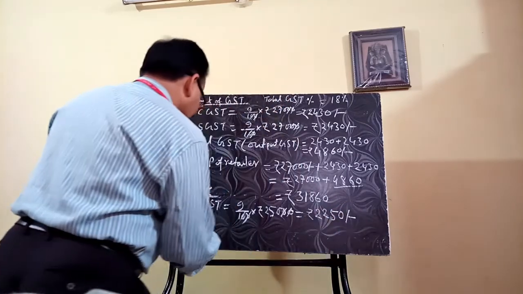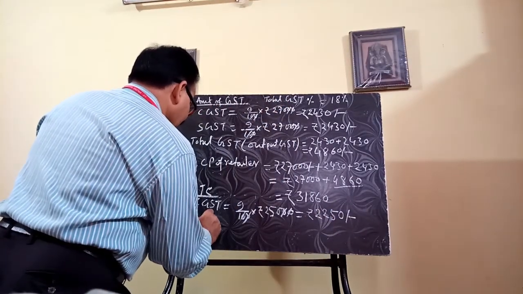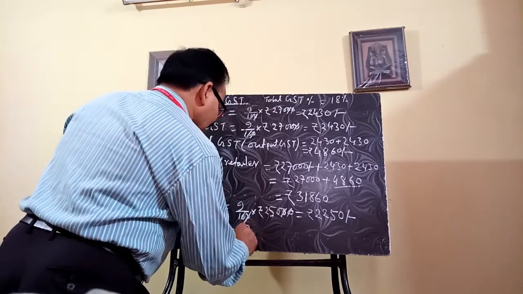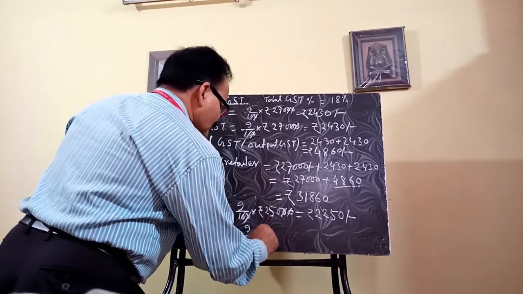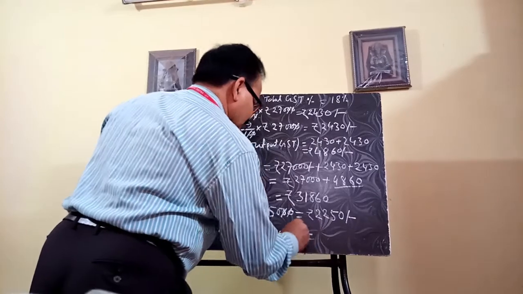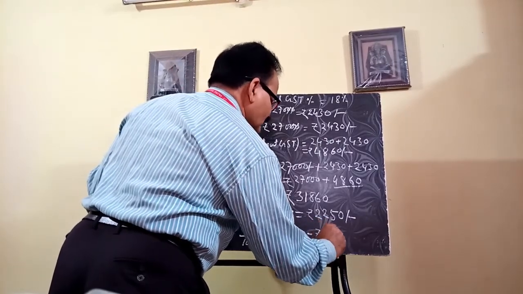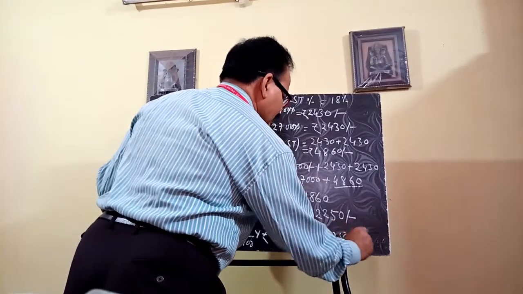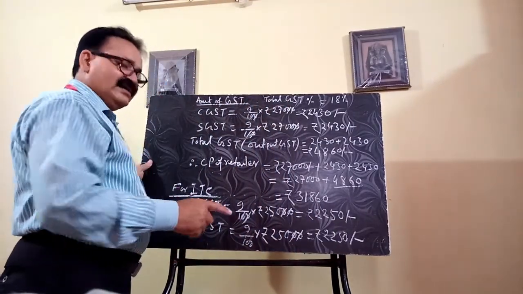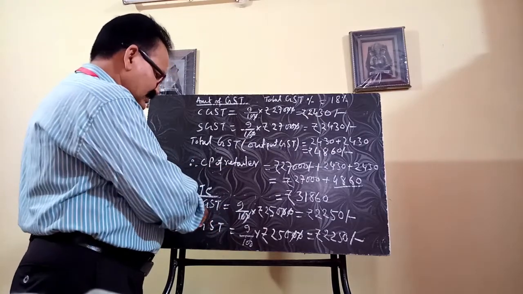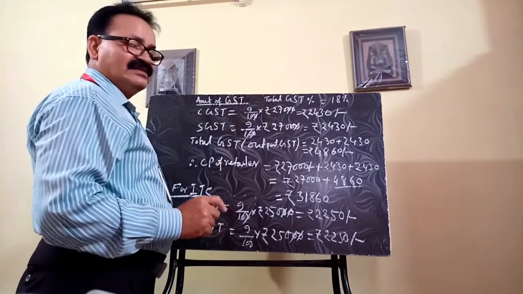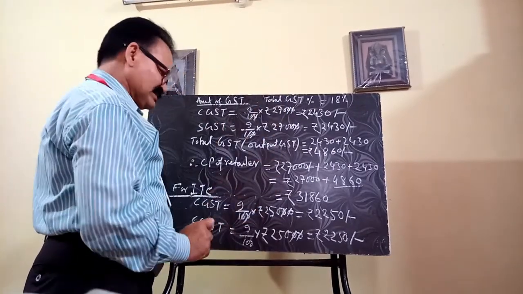This much is your CGST, and the SGST is also the same, 9 by 100 into rupees 25,000, rupees 2250. These are the CGST and SGST paid by the wholesaler while purchasing from the manufacturer.